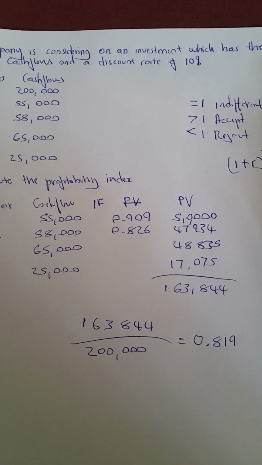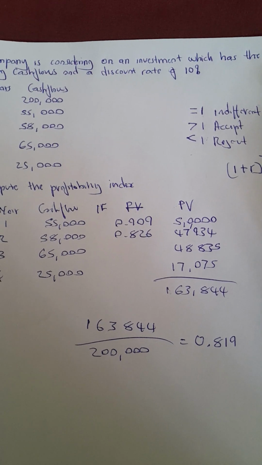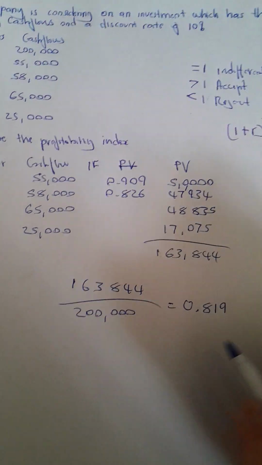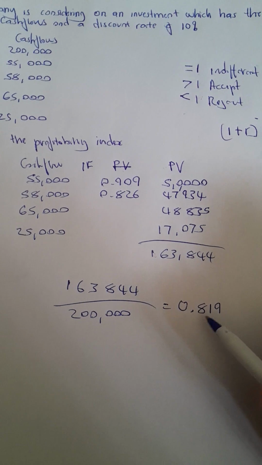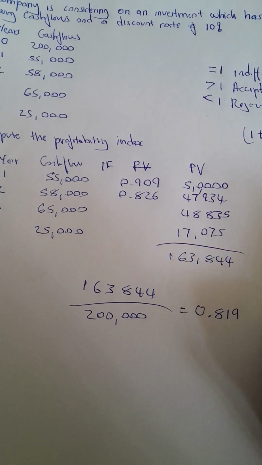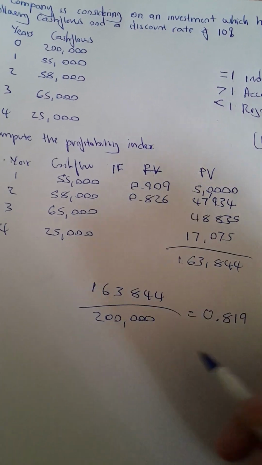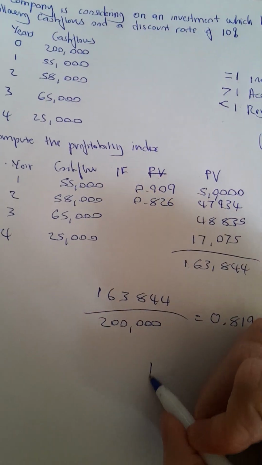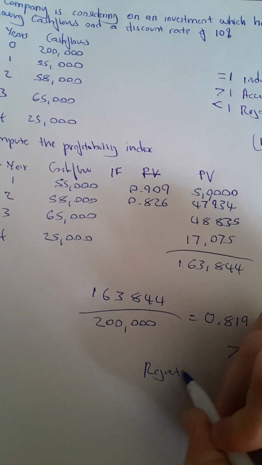If you get an answer less than 1, you reject the project. So here our answer is 0.819, which is less than 1. So that means we will have to reject this project.